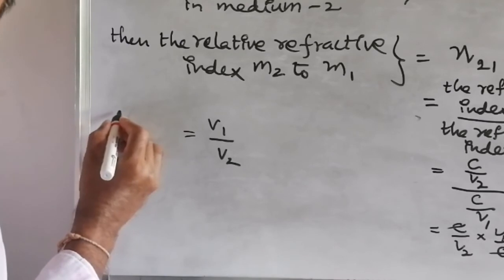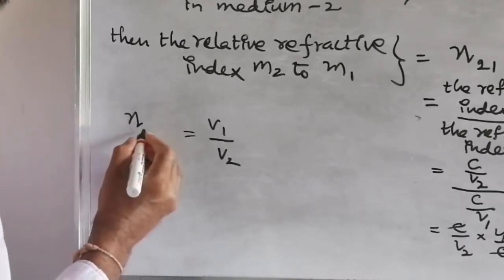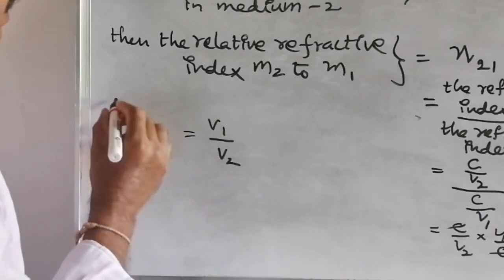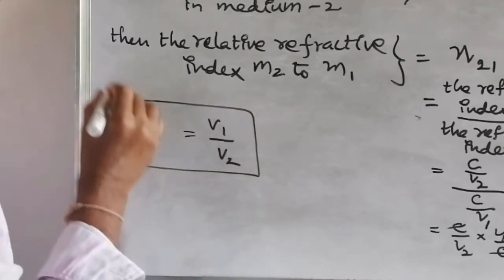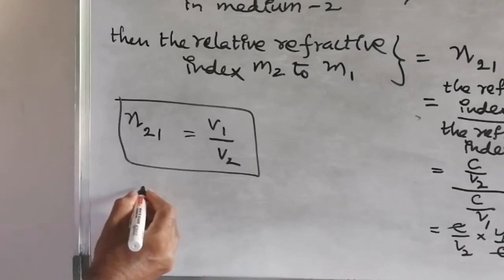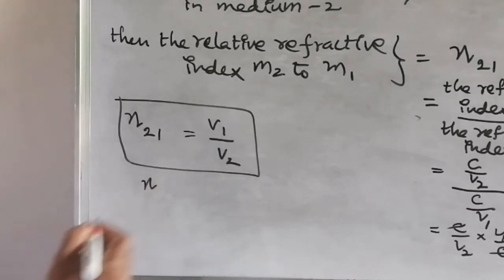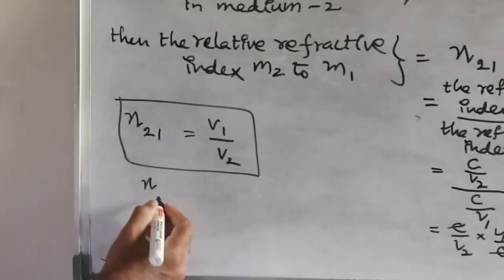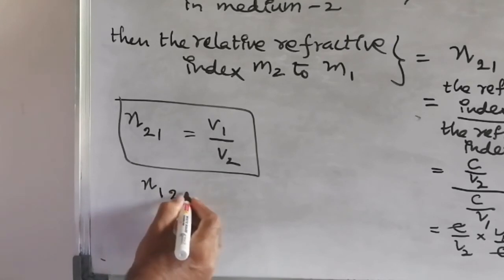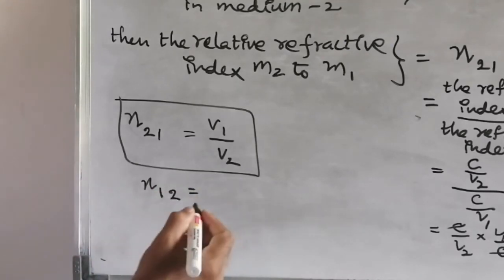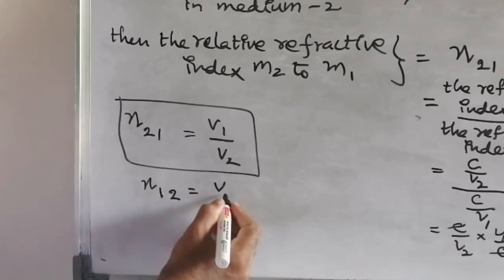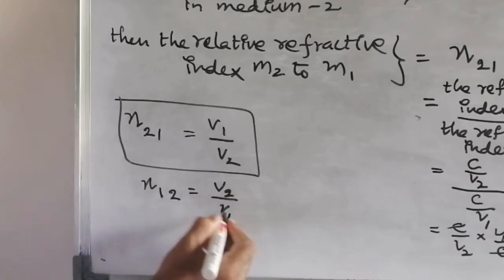So the refractive index of medium 2 with respect to medium 1 is written as v1 by v2. If we write the refractive index of medium 1 with respect to medium 2, it is equal to v2 by v1.